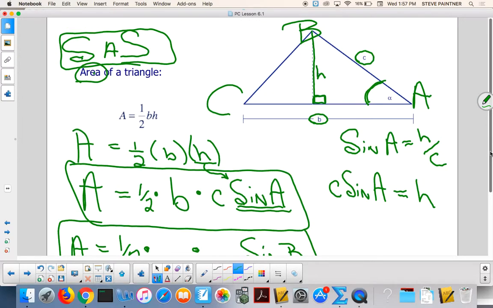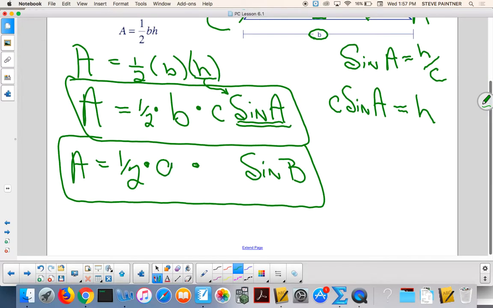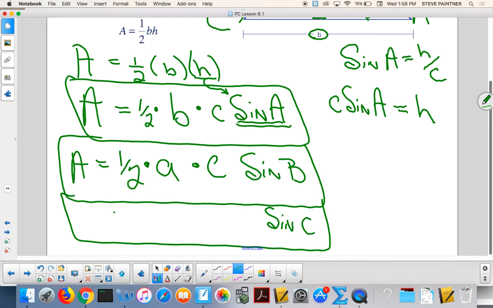B's right here. You'd have to have this side, and you'd have to have this side. That's C and A. So the other formula would be AC. Last one, sine of C would be A and B. Okay.